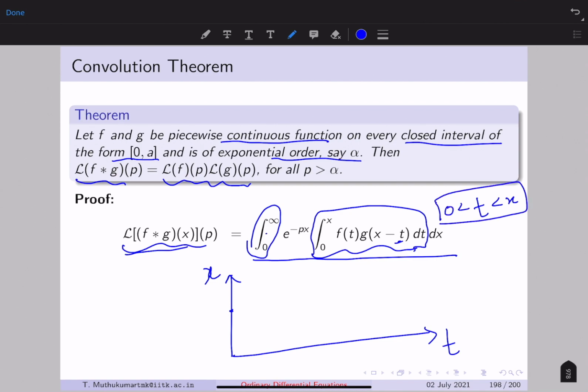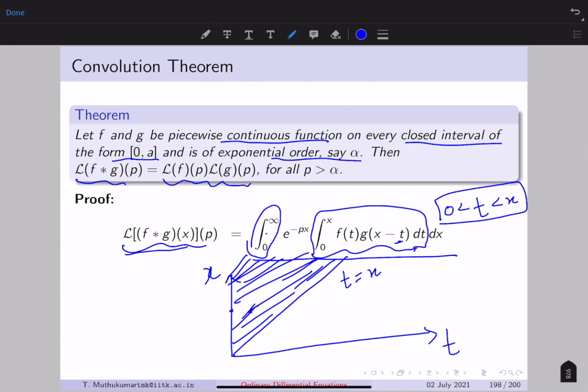If you draw this line t equal to x, then this double integral is over this wedge which is here, right? Because this is the region where t is bigger than 0 and t is less than x, right? So this double integral is done over this wedge here.